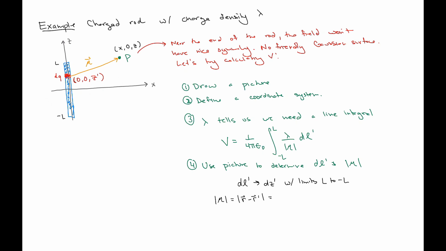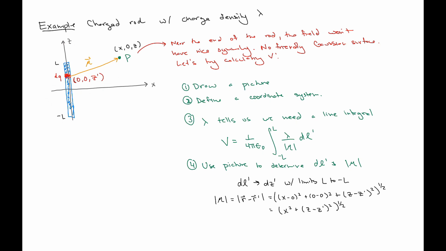So my magnitude of the separation vector is going to end up being x minus 0 squared plus 0 minus 0, that would be the y, pretty boring, plus z minus z prime squared, and all that to the 1/2. I can simplify that a little bit. I'll get x squared plus z minus z prime squared, all of that to the 1/2.